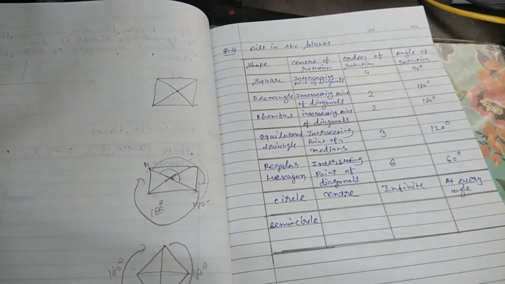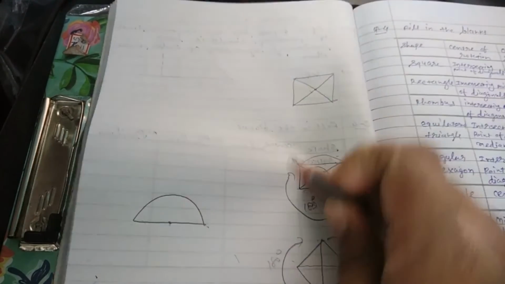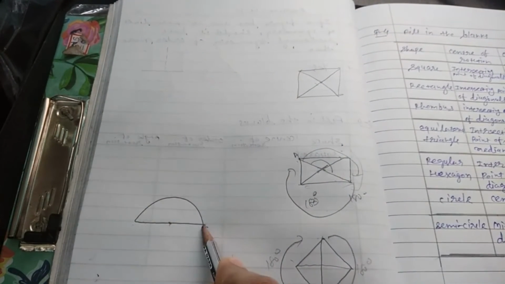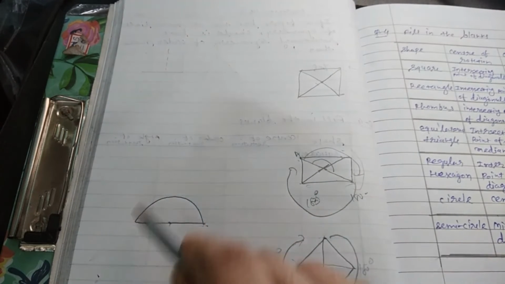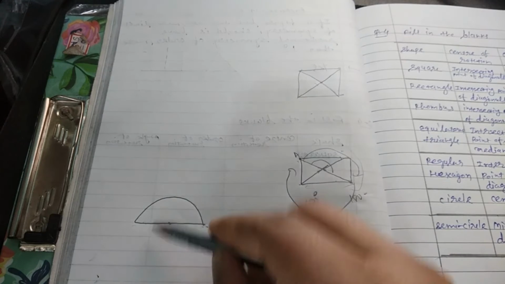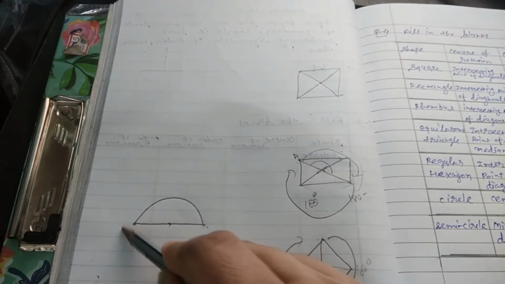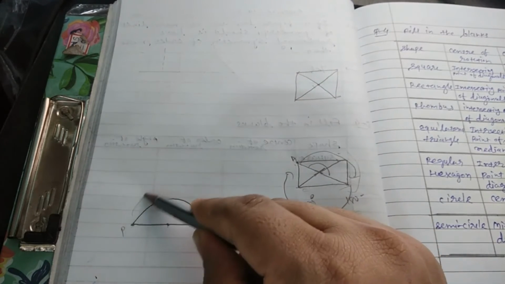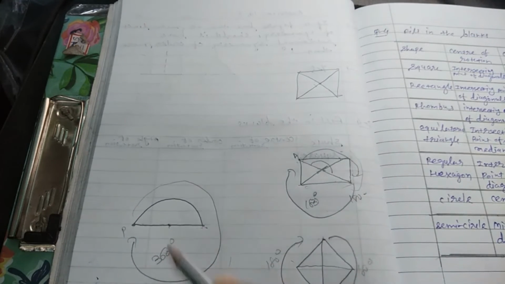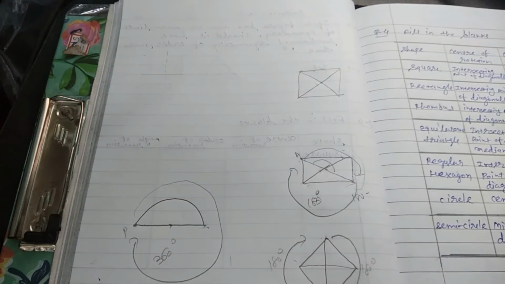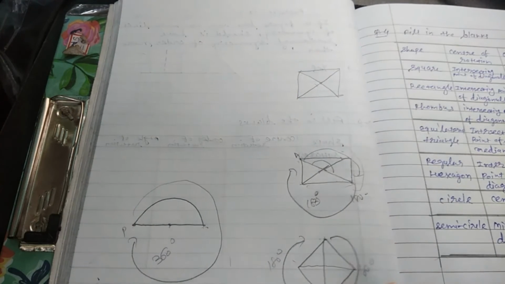And next, semicircle. This is the diameter and this is a half circle. In this semicircle we take one point P, and when we rotate a full turn, that is 360 degrees, only then do we get exactly the same shape which was at the first place.